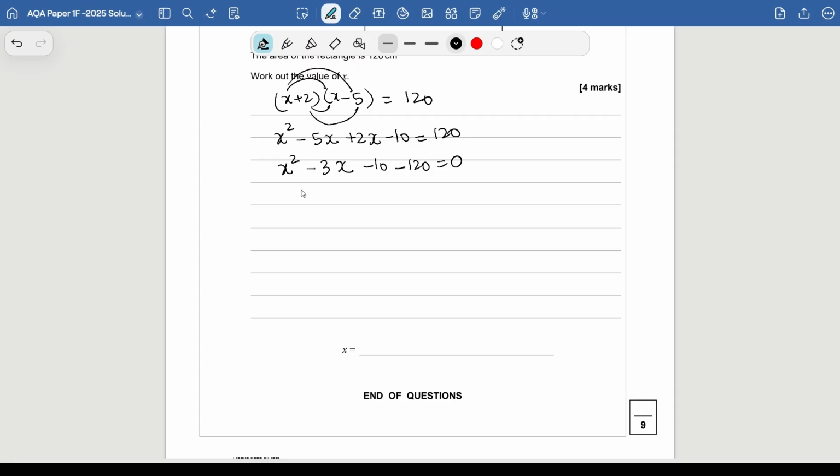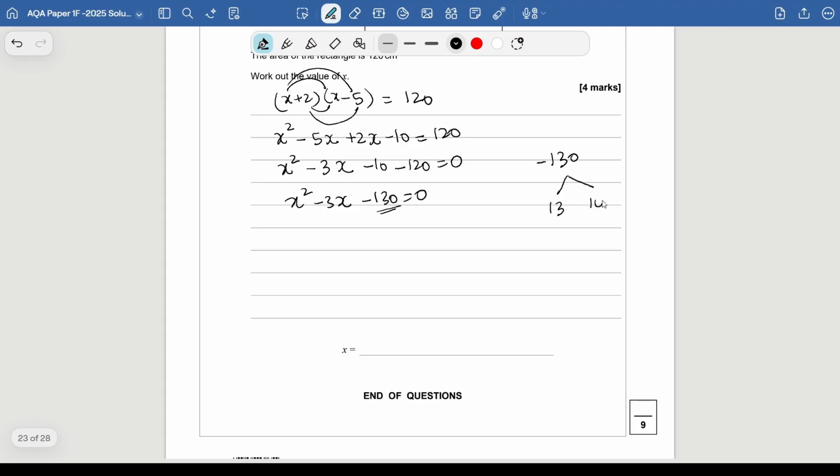So what do we have here now? x squared minus 3x minus 130 is 0. Now we have a quadratic equation here. To solve this, I will take the factors of 130, or to be precise, minus 130. Which numbers multiply to give 130?